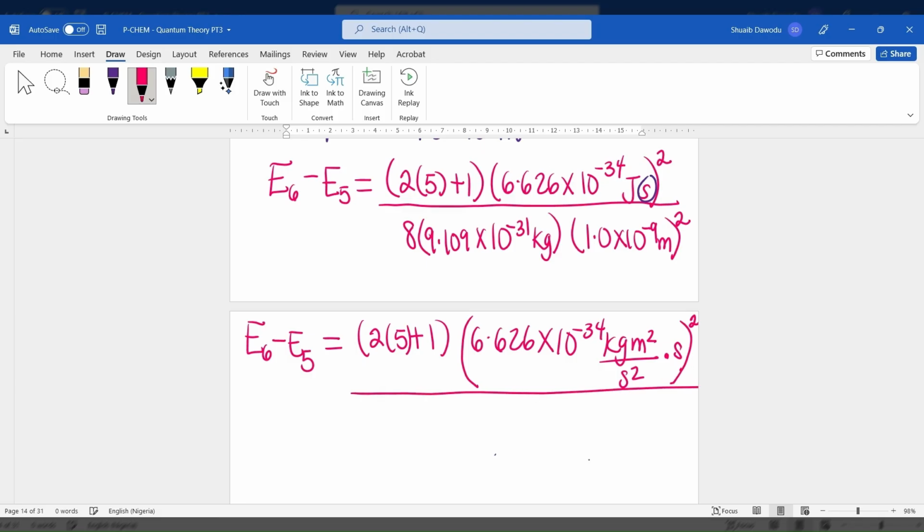Divided by 8 times 9.109 times 10 to the power of negative 31. So let's just basically multiply this one to make our work easier.